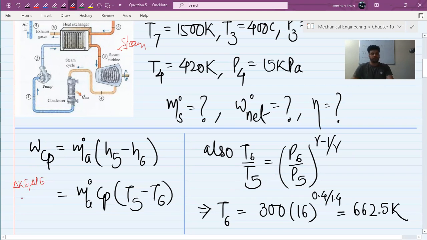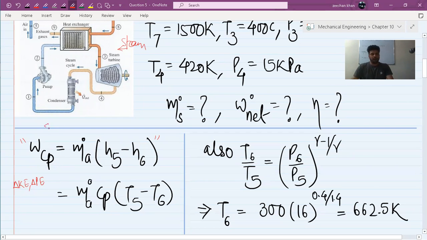So this is the formula for the amount of work done, where WCP equals m dot a into h5 minus h6. How has it come out to be like that? Because the change in enthalpies is going to give you the amount of work done.